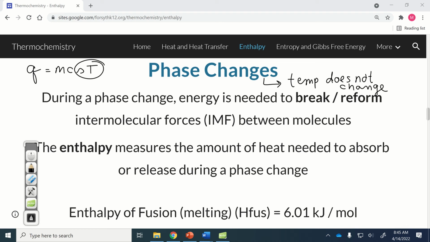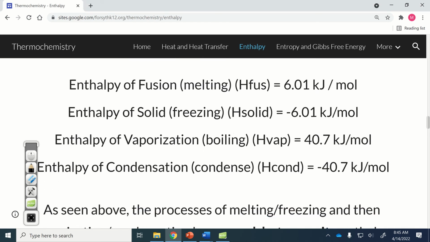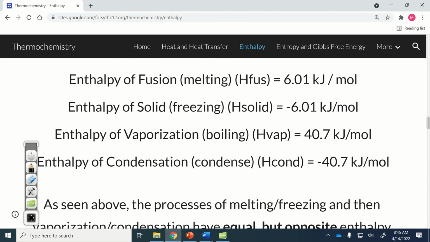That's because all of that energy is not to make the molecules move faster, which is what temperature measures, or slower. It's to break the intermolecular forces. So therefore, we need that other formula, Q equals delta H times n. And you can see I have here the different enthalpies for water. Okay, I should have mentioned that. These are all water.